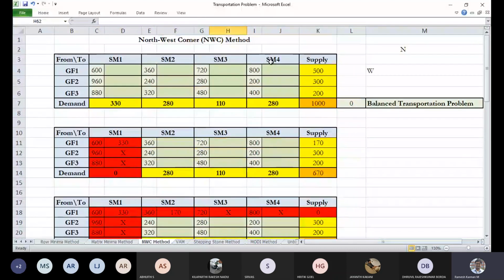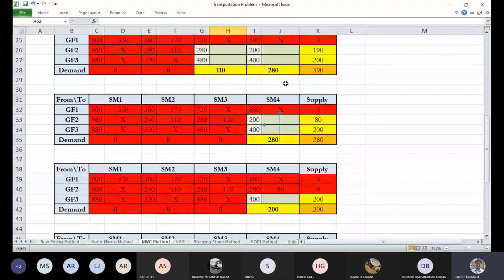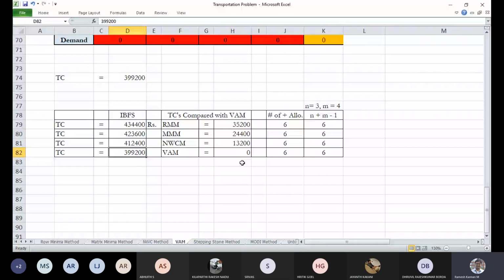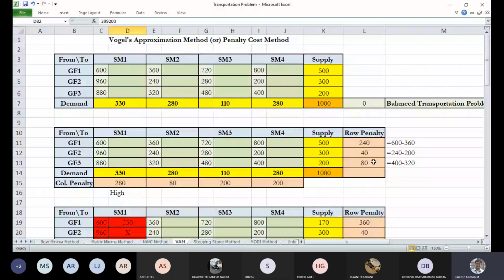And then we stepped into VAM, Vogel's approximation method. We introduced one column as well as one row. The column is called the row penalty, and the row is called the column penalty. We select allocations based on the higher penalty value.